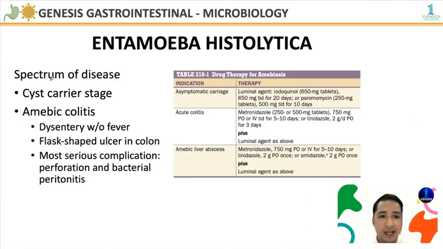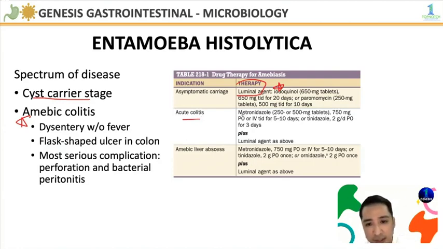So you see here we have different stages. We have your cyst carrier stage and sometimes amoebic colitis. In an asymptomatic carrier, the drug of choice is to give a luminal agent. Luminal agent, we have iodoquinol as one of the best examples for asymptomatic carrier stage. For acute colitis, we have to give both luminal amebicide and extraluminal amebicide.